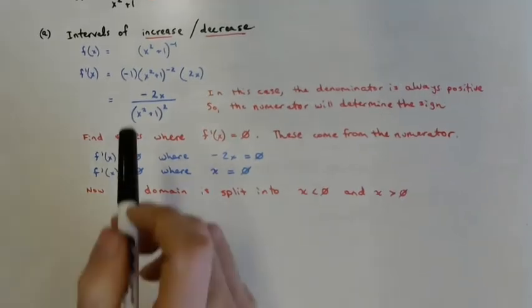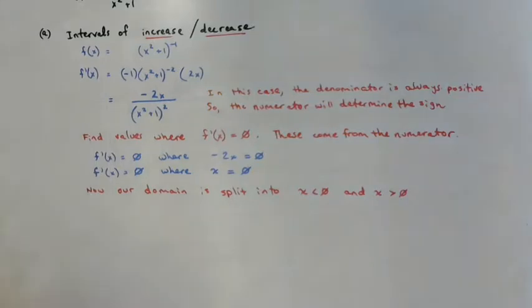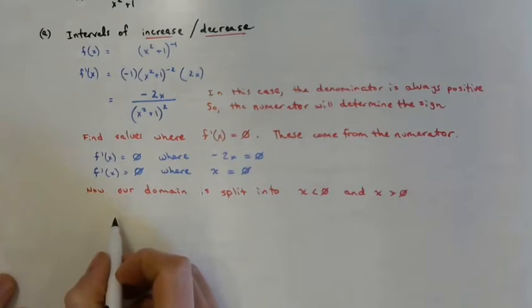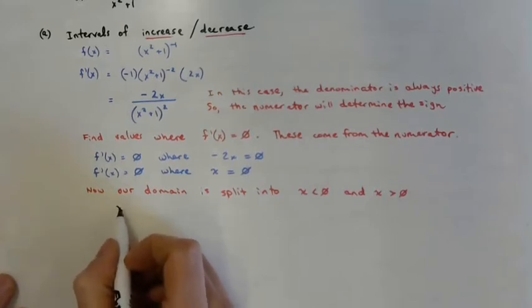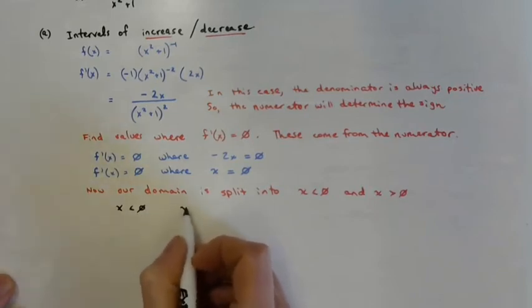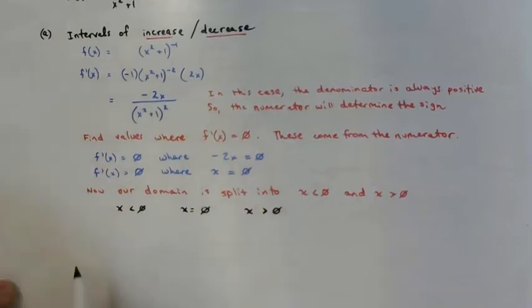So what we're trying to do is still find intervals of increase and decrease. We're working with the first derivative. And so in each of these intervals, we just need to find out the sign. So we're just going to make a quick table of values. We have x is less than 0, x equals 0, and x is greater than 0.